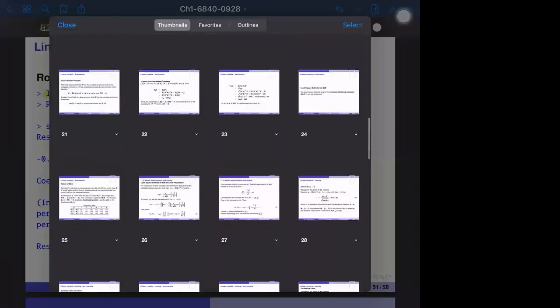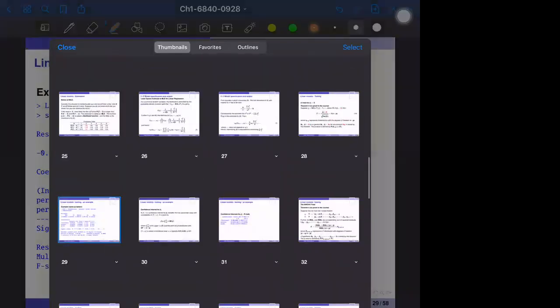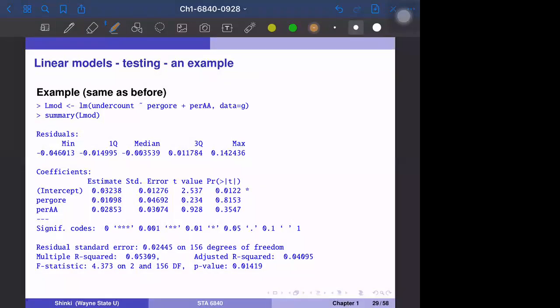If we compare this with the previous usual linear regression result, you can see the t-value gets larger.